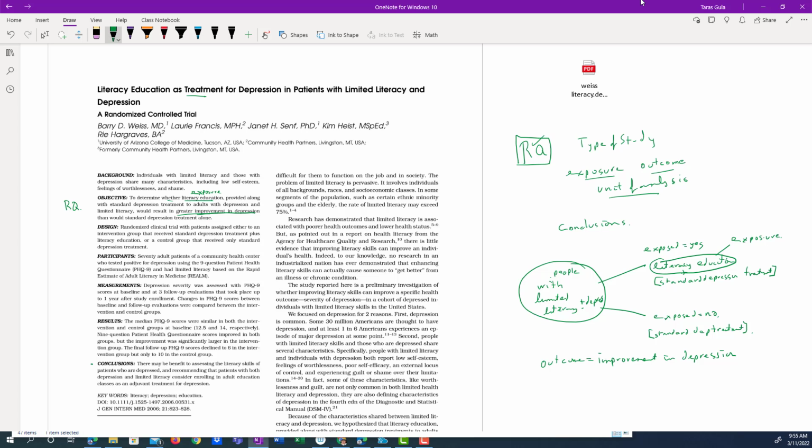Right now, we don't know. This comes from just playing around with the research question. We got the research question, the exposure, the outcome, and the unit of analysis. From just this early part of the abstract, we can get a lot of good information. For the outcome, we still don't know whether improvement in depression is measurement or categorical.